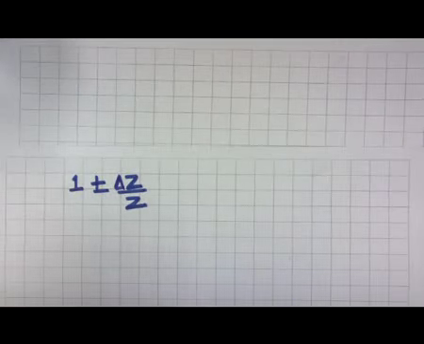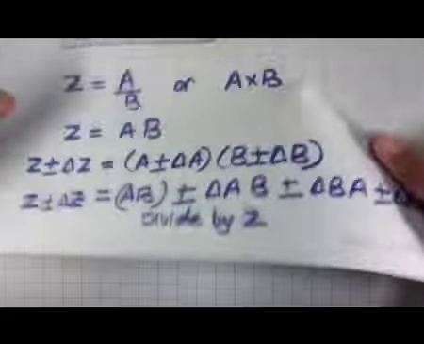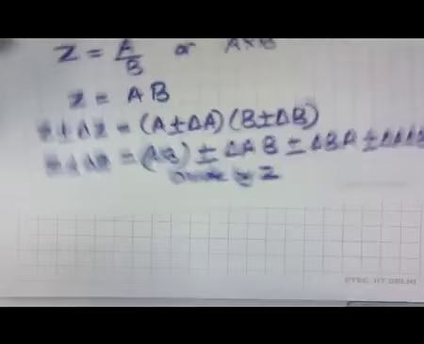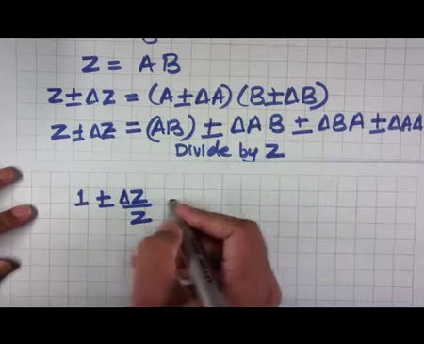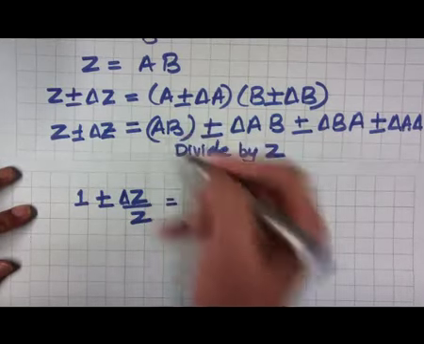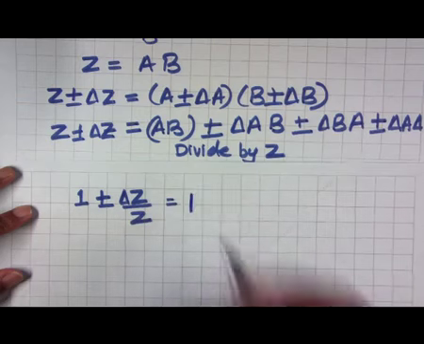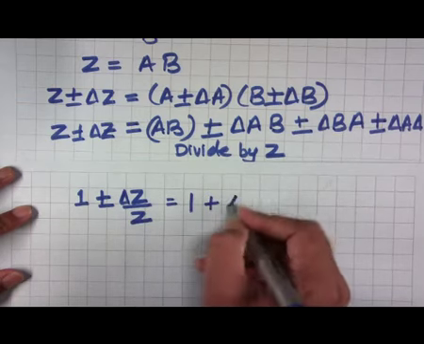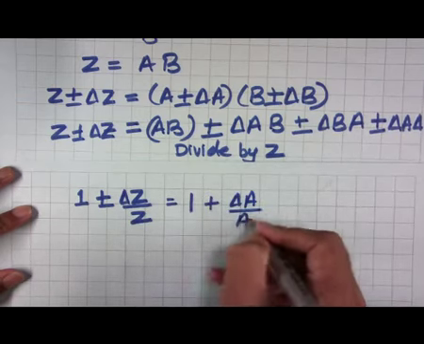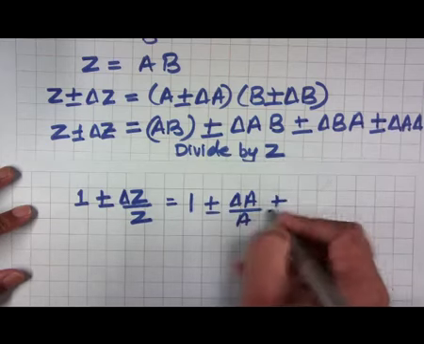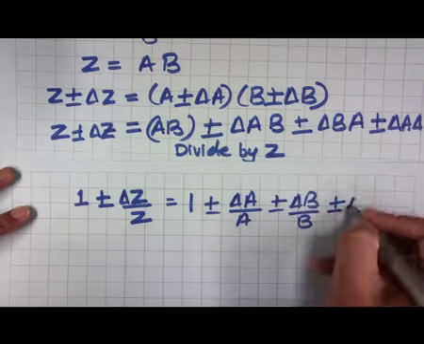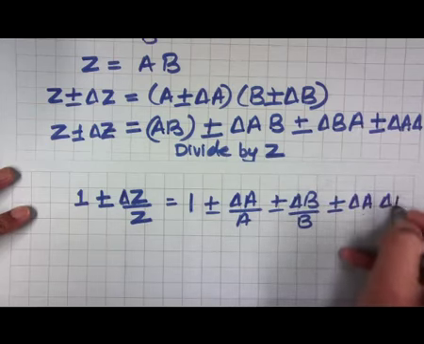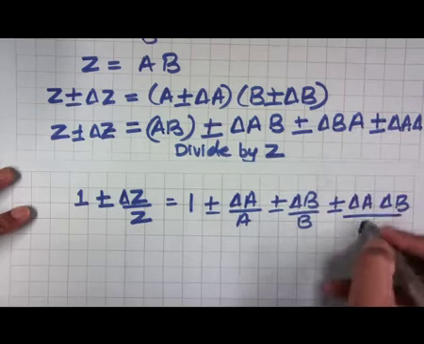This will be equal to, so let us just bring this page again, and we have this here, we will keep on copying from here. This will be equal to, now a b divided by z is a b, so this will become 1 plus delta a by a plus minus delta b by b, and then we have plus minus delta a delta b divided by a b.